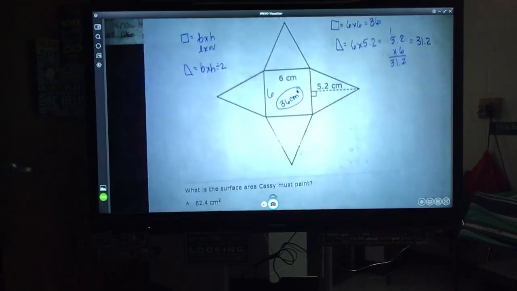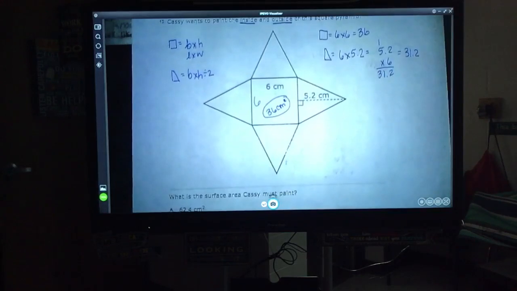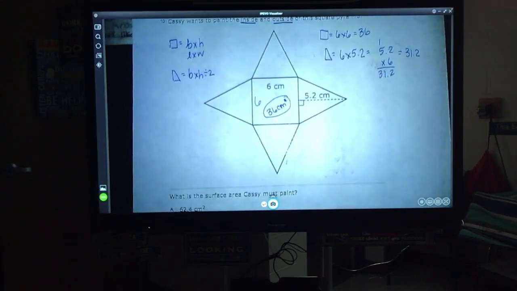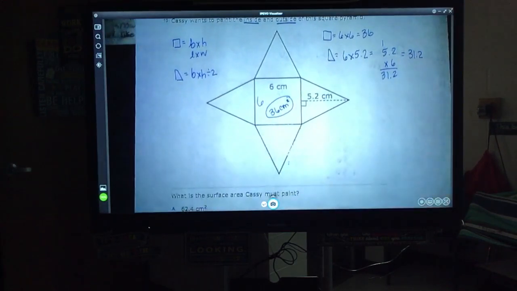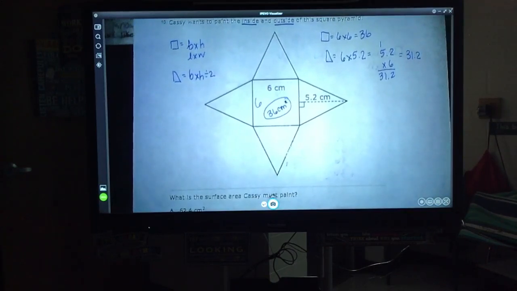Is that my answer? Why not? Raise your hand and tell me, why is that not my answer? Isaac, why is 31 and 2/10 not my answer? Because there's other triangles. Well, there's other triangles, but what did I do for my triangle? What's my formula? Base times height divided by 2. Did I divide by 2? No, so be careful with that.